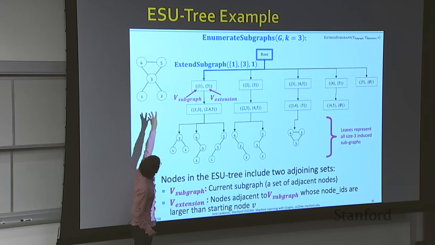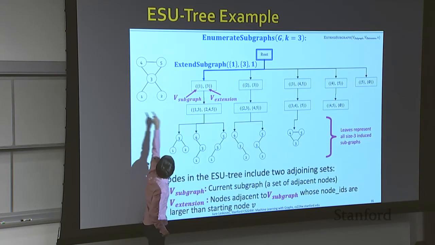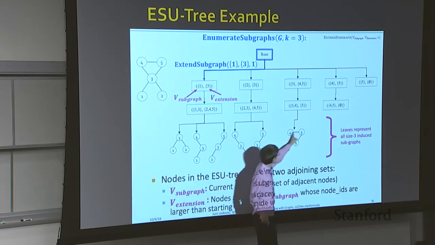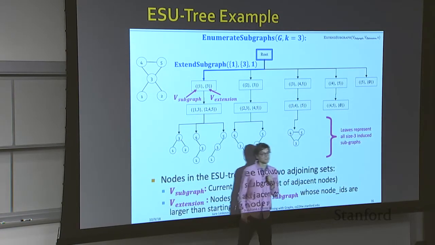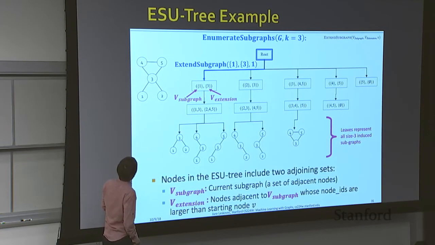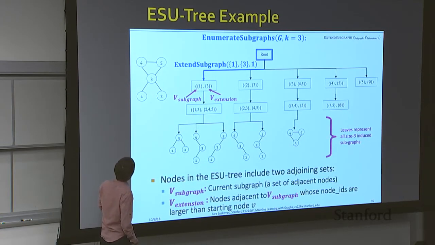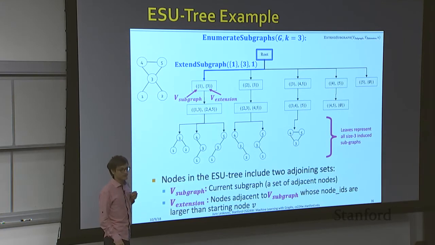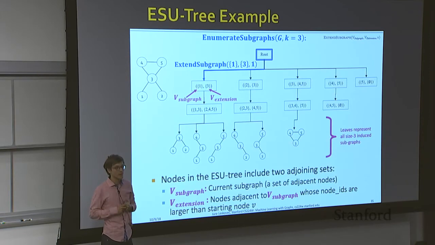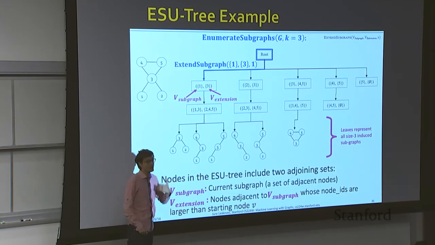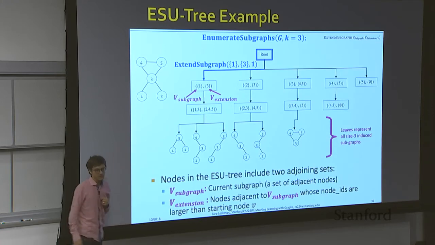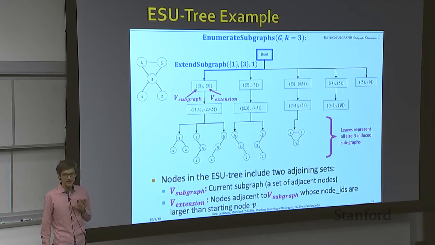Here is the induced subgraph. It's 1, 3, 4, an induced subgraph. But when I come to 3, 4, 5, I take all the edges between 3, 4, 5. But notice that I never generated 2, 4, 5. 2, 4, 5 wouldn't be a connected graph. So my procedure never even generates or considers 2, 4, 5. Okay, great question. Anything else?